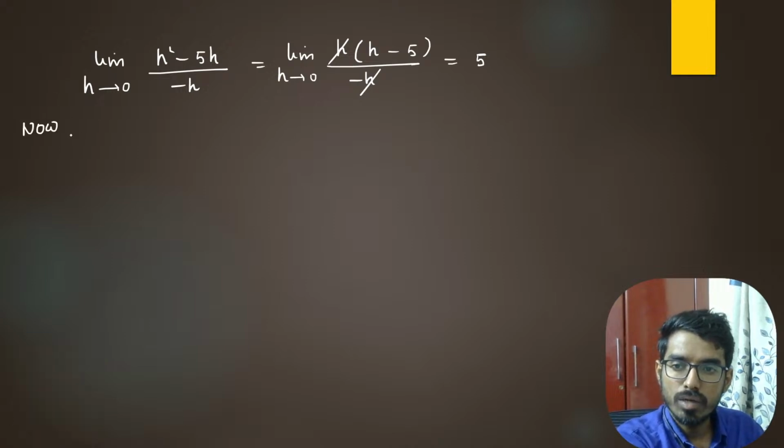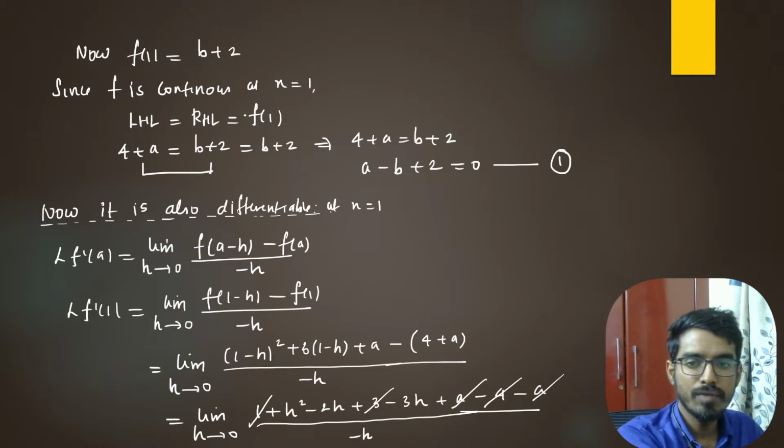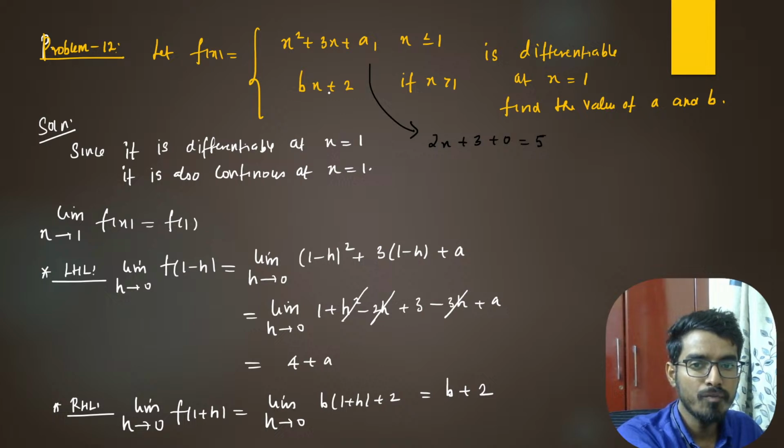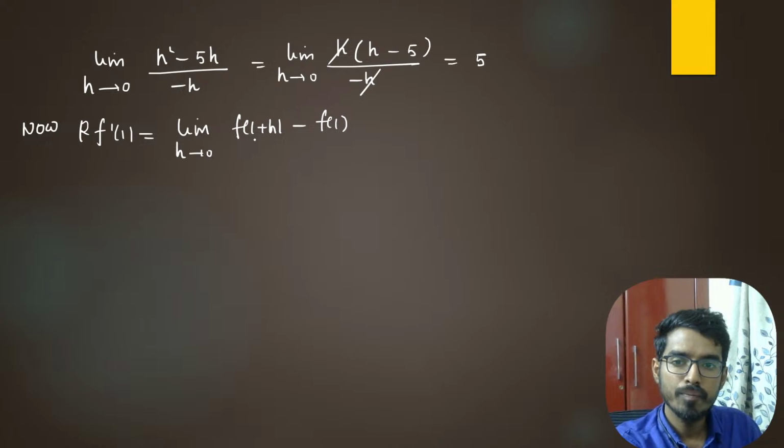Now R of f dash of 1. See, from this result we can clearly see you differentiate this function, you will have b. When you apply the limit, it is independent of x, it is constant. So it will be b again, R of f dash of 1. But we will do by definition, f of 1 plus h minus f of 1 divided by h.